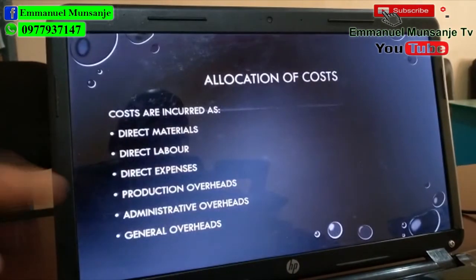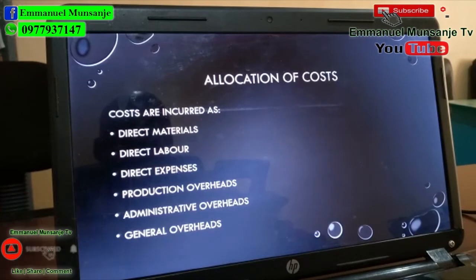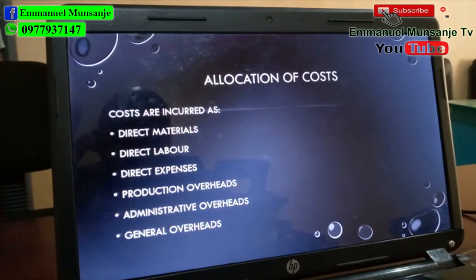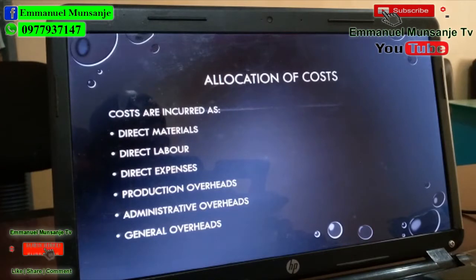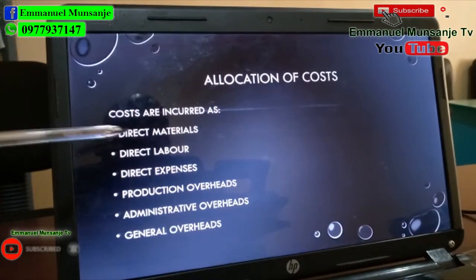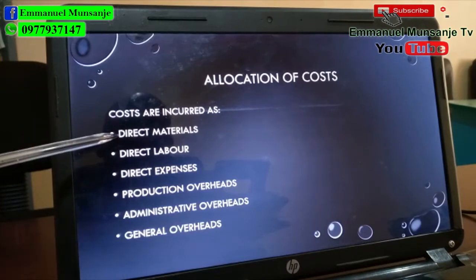Now, allocation of costs. When you are doing business, you have various costs. Remember, we are saying cost accounting is very interested in the costs that we incur. But then there are different kinds of costs. Here you have the cost called direct material.